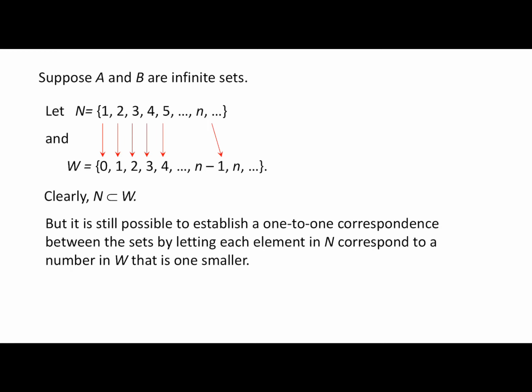So 1 corresponds to 0, 2 corresponds to 1, and so on. And notice every element of W corresponds to an element of N if I just take that element of W and correspond it to itself plus 1 in N. So this is a one-to-one correspondence. And so N and W are equivalent sets.